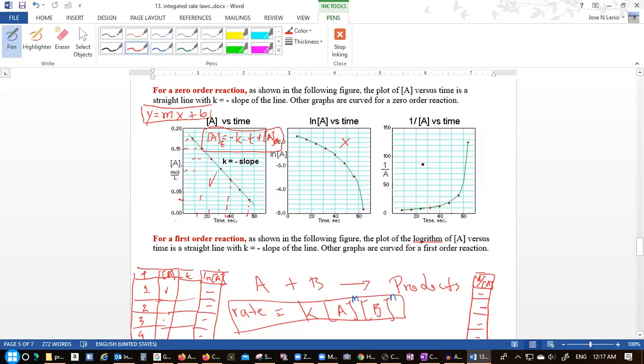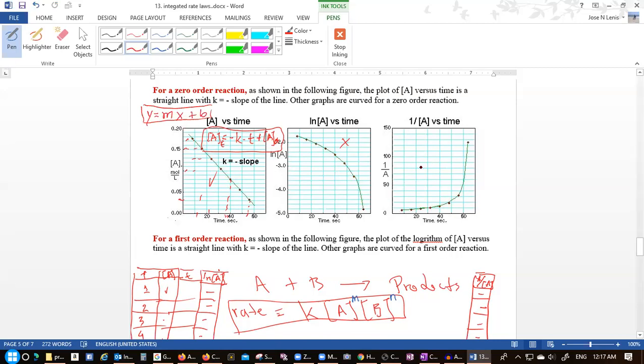This graph shows that your reaction is not second order with respect to concentration of A. Why not?